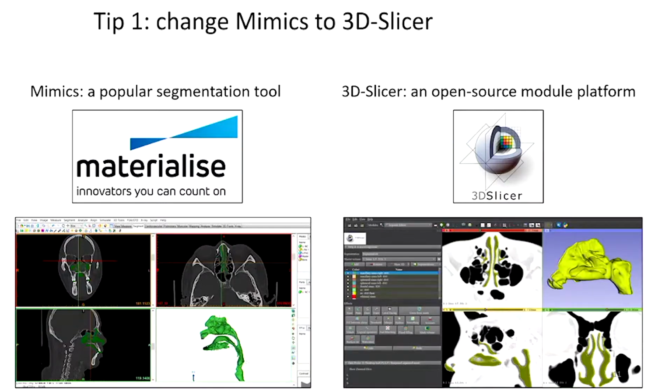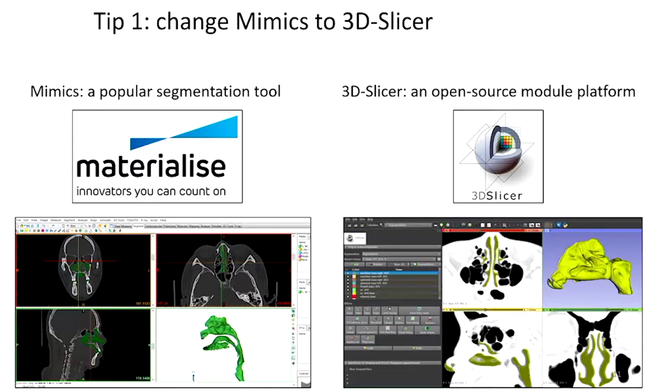Rather than developing simple workflows like Mimics, 3D Slicer is a module-based platform, which means the lead developers combine some basic modules into this platform, and doctors around the world are all contributing modules to it, so it is much more powerful than Mimics, and you can select some cutting-edge technologies.